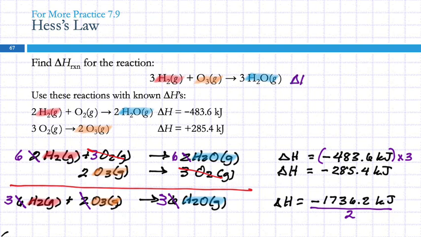So delta H is negative 868.1 kilojoules. You kind of have to be able to manipulate these things in your head, right? And turning this one backward, that changes the sign on this one. And 2 of these, well then I need double of this.